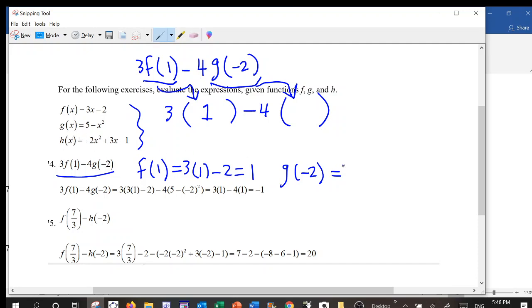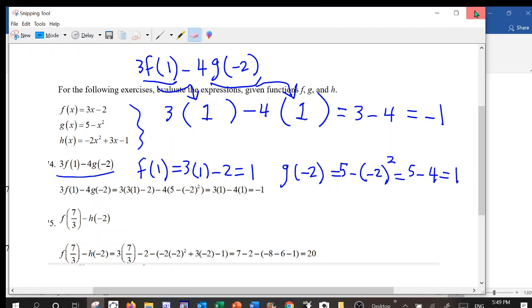So I have to put 5 minus negative 2 squared. Don't multiply that before you raise it to the second power. So that would be 5 minus 4, which is, again, 1. So what's 3 times 1 minus 4 times 1? It is negative 1. That's how we do that.